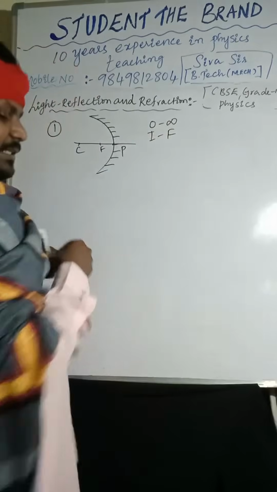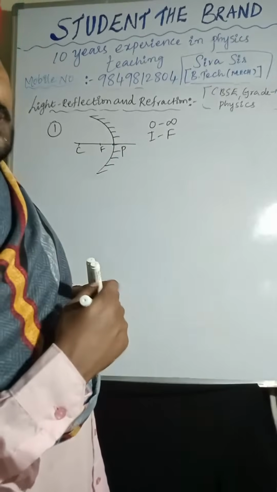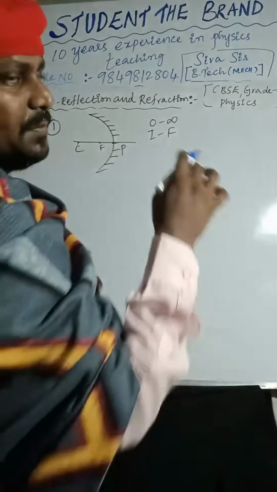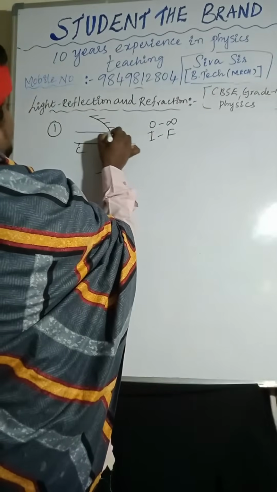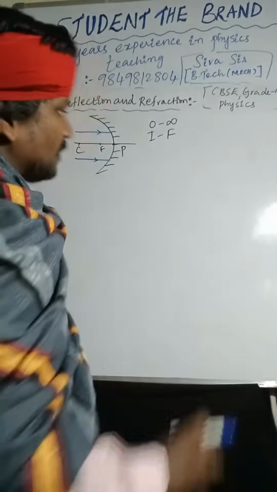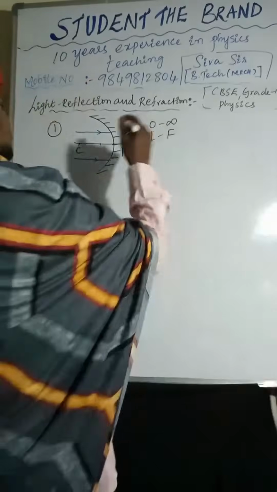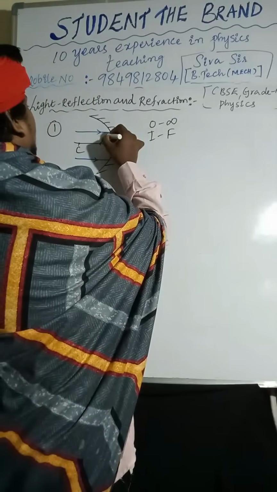So how many light rays are required to form the image of the object? Minimum 2 light rays are required to form the image of the object. So I'm taking one light ray like this and another light ray after reflection passes through focus like this.